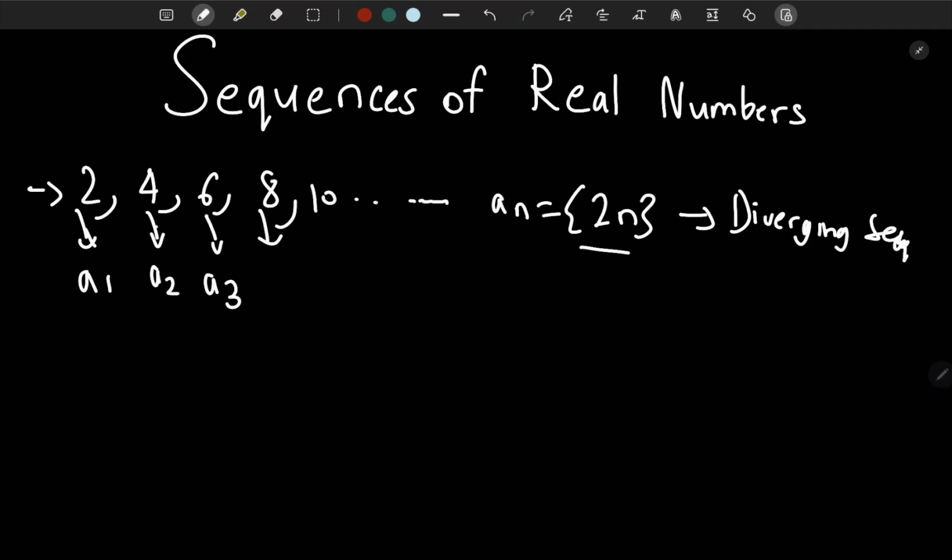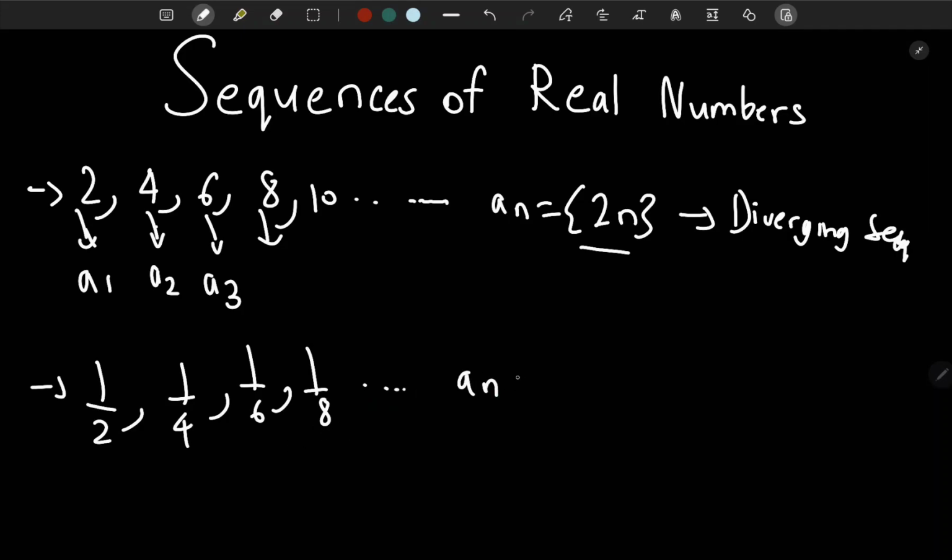So now let's look at another sequence over here. It's similar but different. 1 over 2, and then we have 1 over 4, 1 over 6, 1 over 8, and so on. And in this sequence, the denominator goes to infinity.